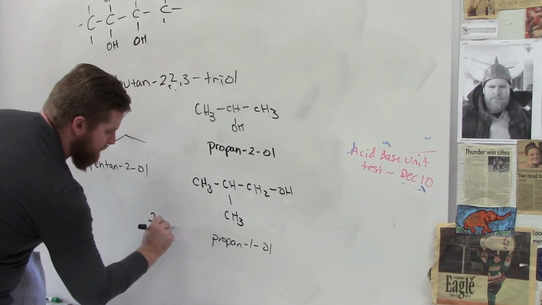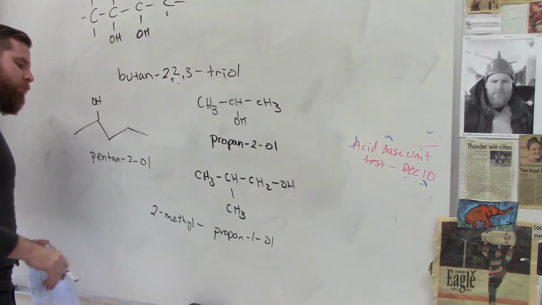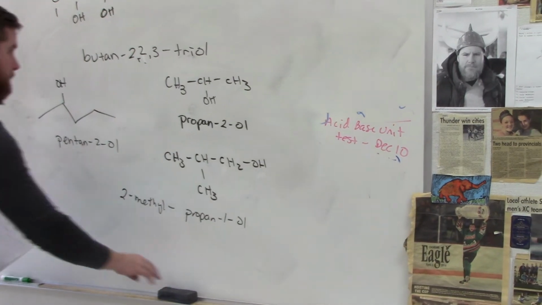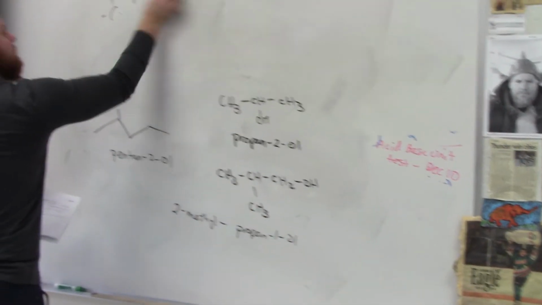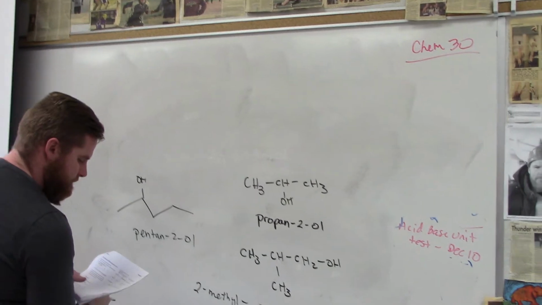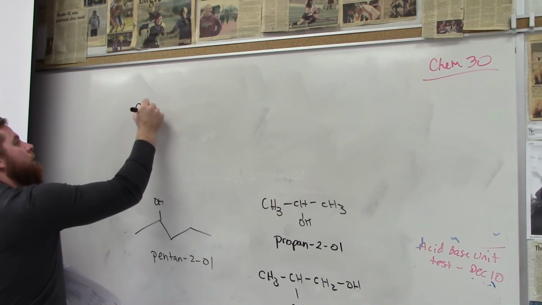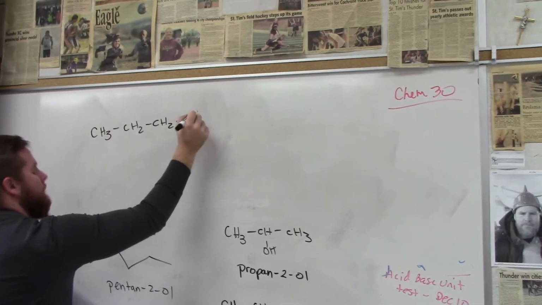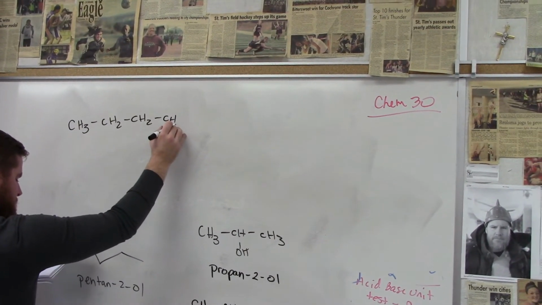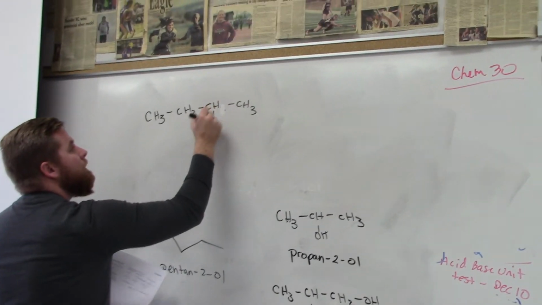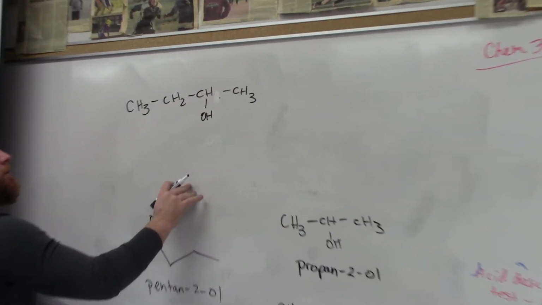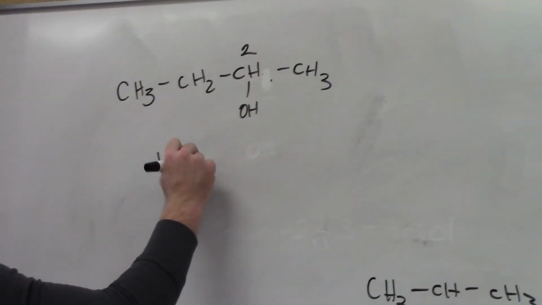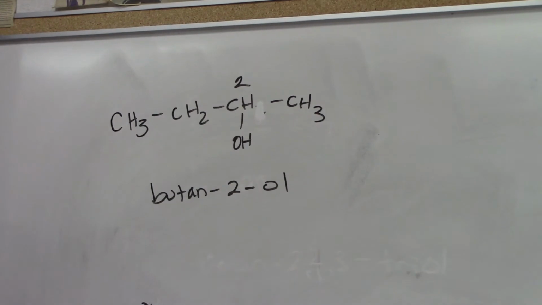So 2-methylpropan-1-ol for this molecule. Okay, condensed structural diagram again. That's on carbon 2, 4 carbons, butan-2-ol.